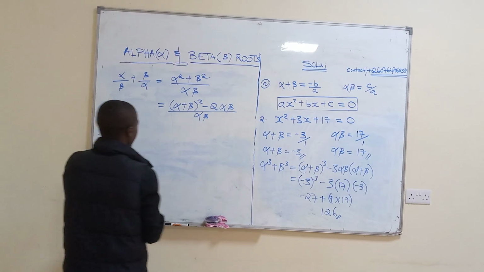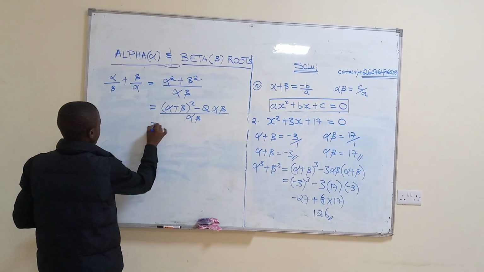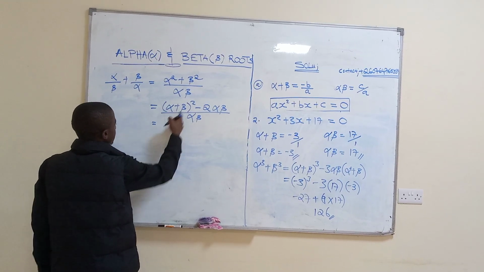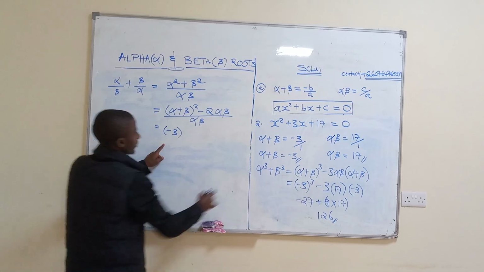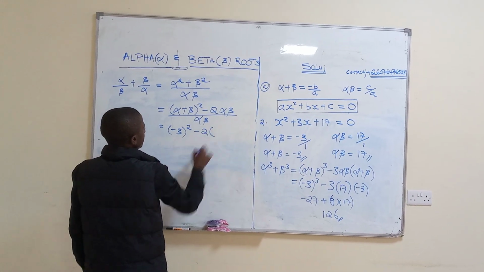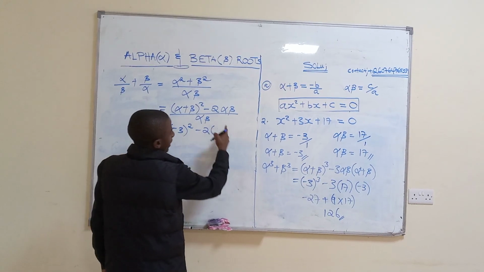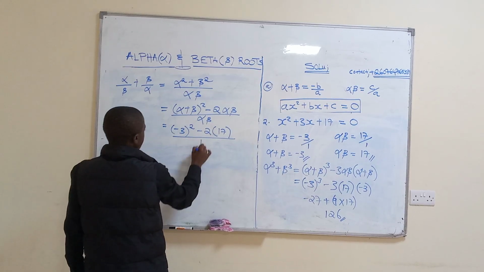So from there, what you're going to do is replace to find the values. My alpha plus beta, that I calculated to be negative 3, squared, minus 2 multiplied by positive 17, over 17.